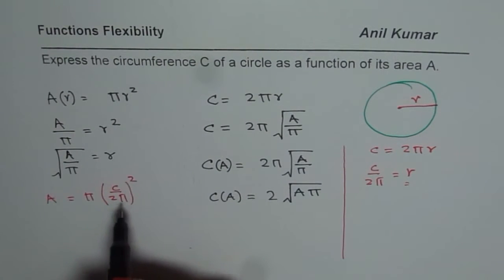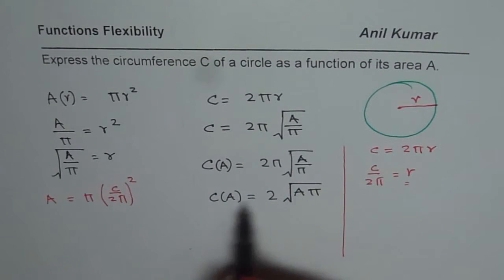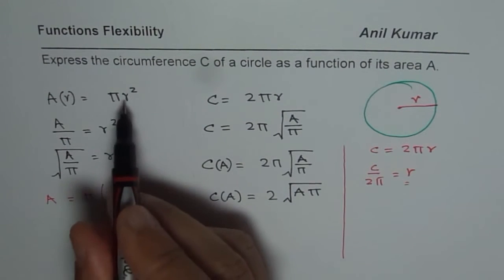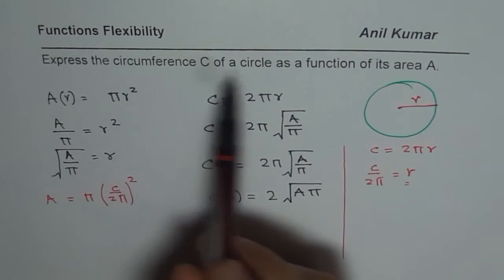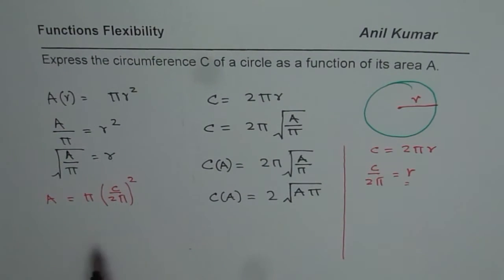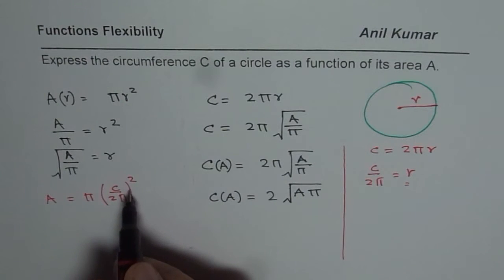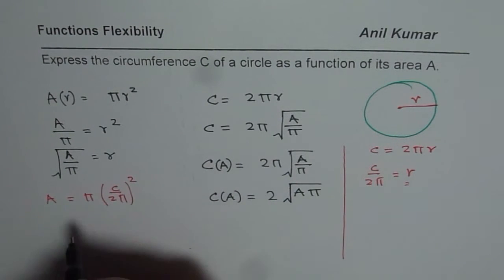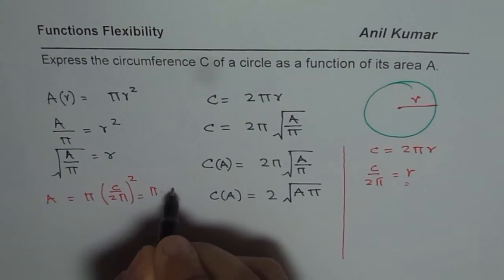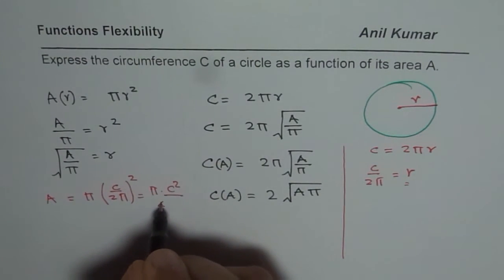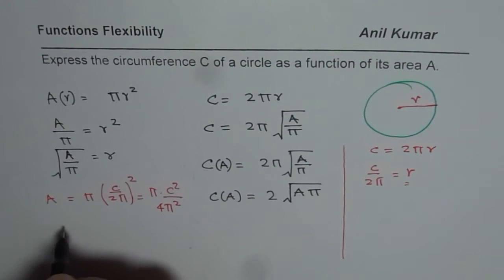So independently we are doing it. We could actually arrange from here also, but anyway, we are doing it independently. At times the question would be express area in terms of circumference, okay? So that is how you could express this. So in short, let me expand this also. So we get pi times c square over 4 pi square, right? So pi will cancel.